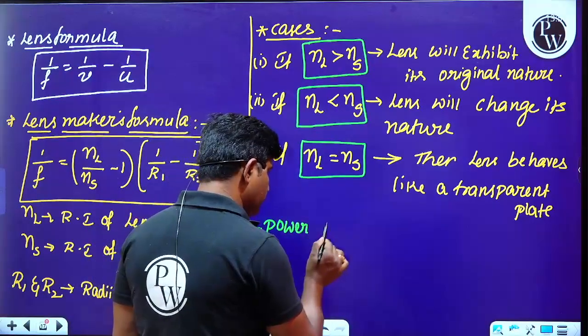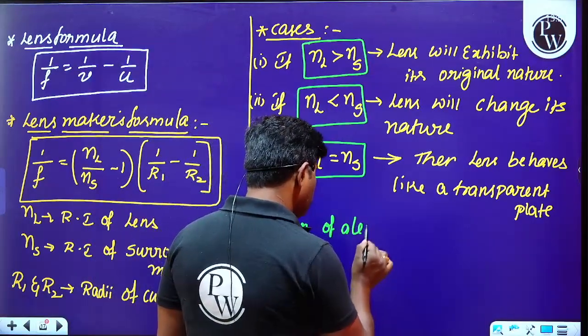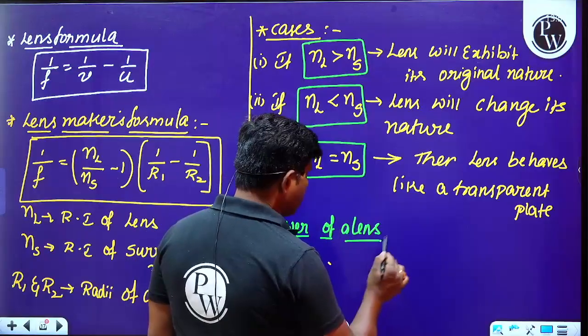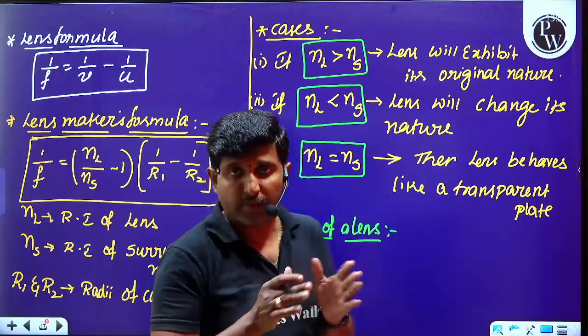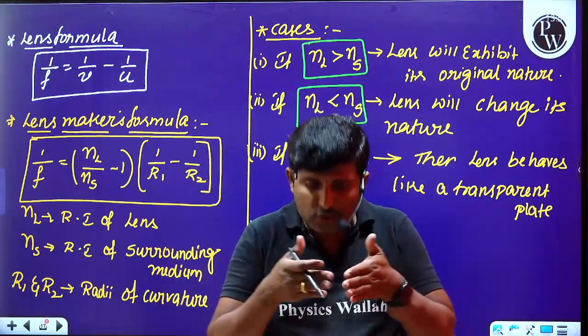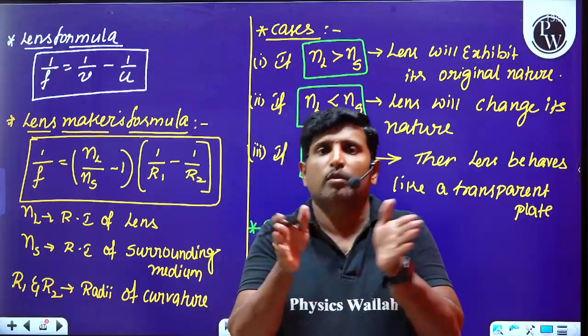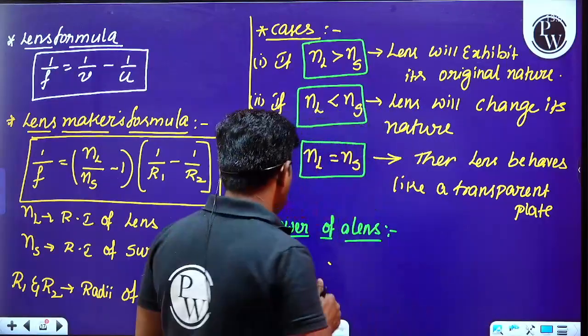Power of a lens. How can we define the power of the lens? The ability of a lens to converge the incident light or to divert the incident light is the power of a lens.